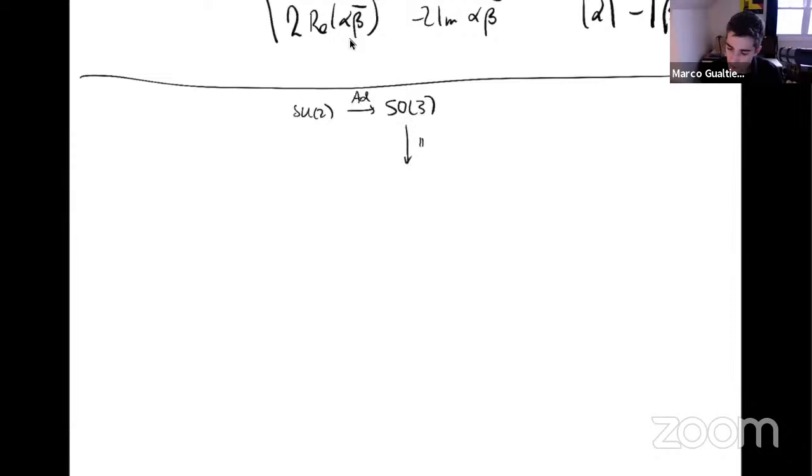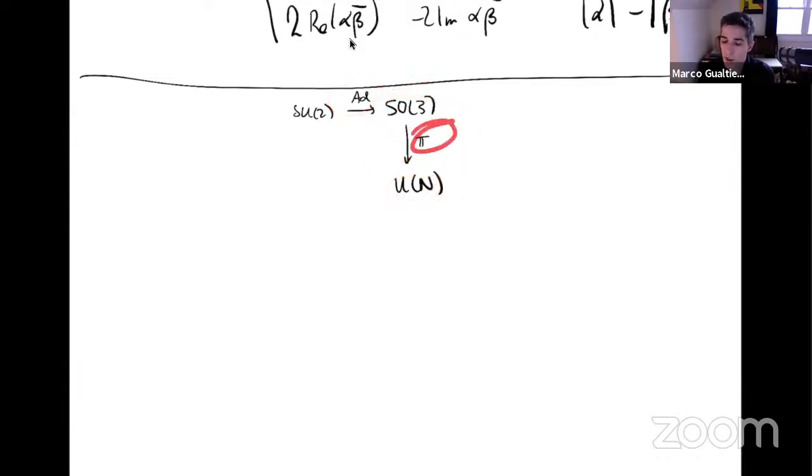A representation of SO3 would be a map from SO3 into UN. Depending on the dimension, it would give a map to some space of unitary matrices. Now, a representation is just a group homomorphism from this small group to this potentially large group.